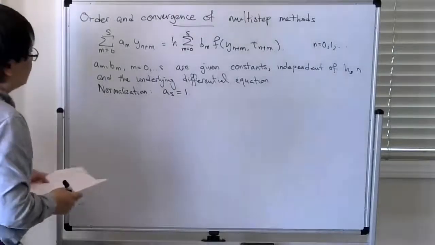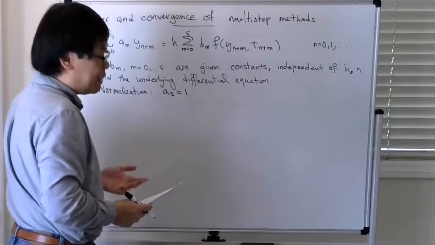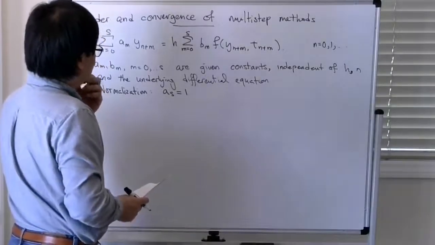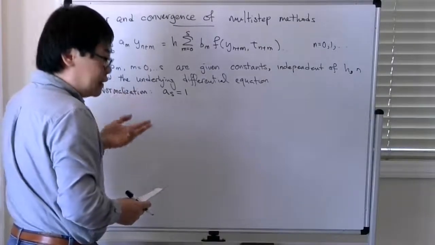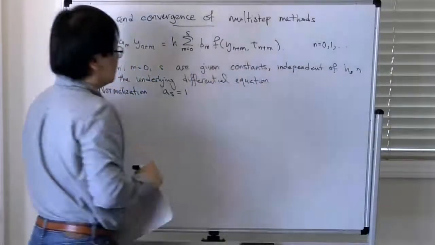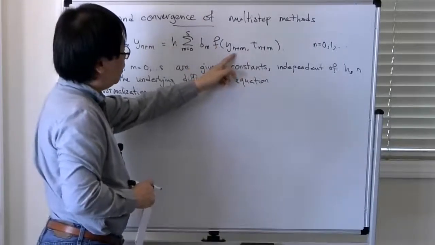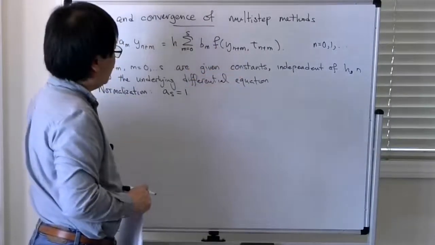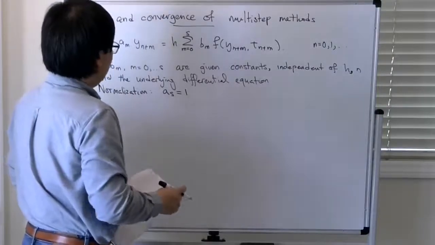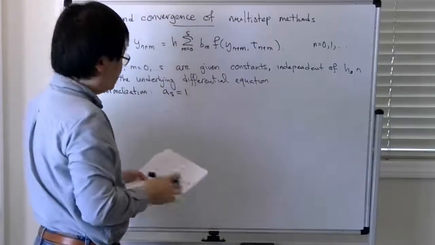Okay, and as we saw with the Adams-Bashforth and the Adams-Moulton methods, the method is either implicit or explicit, depending on whether or not there's a term involving the vector field evaluated at y_{n+s}. Okay, and of course that means that's related to this coefficient b sub s.